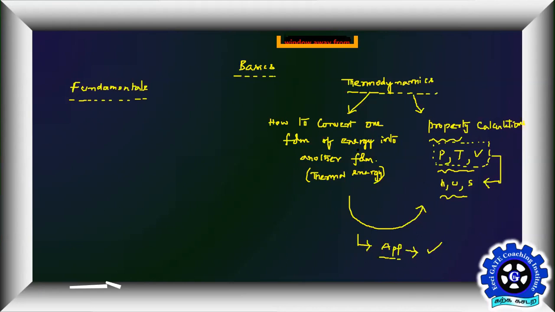Okay. So I'll give a standard statement that you will find in textbooks for thermodynamics. What is that? It is the science of energy transfer and its effects on properties.